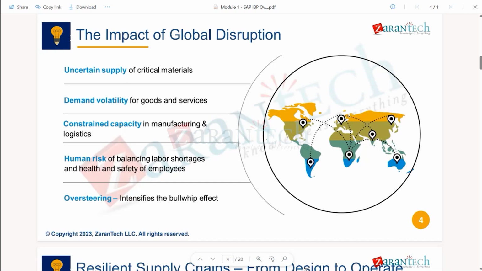For example, if you have a flexible supply planning process, then you can react to the uncertainty in the supply with much better solutions. For example, when I say flexibility in supply planning, what does it actually mean?